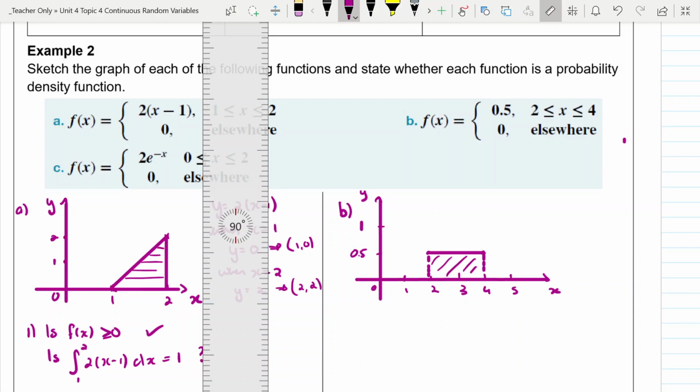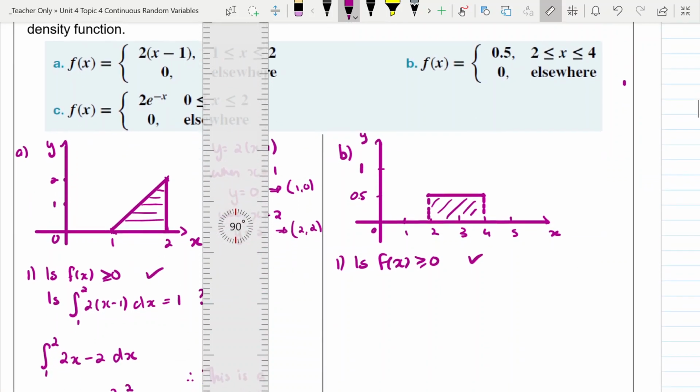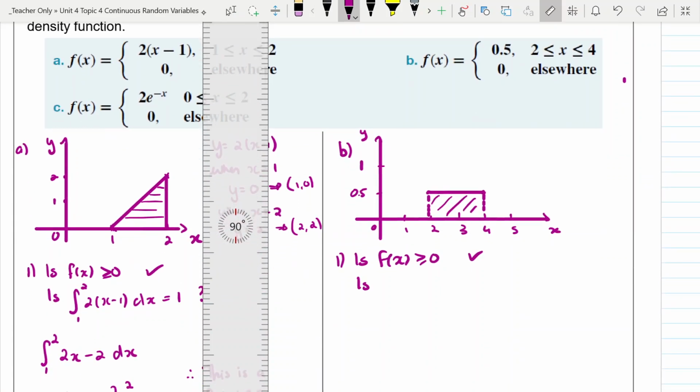We need to decide, is this thing a PDF? So we're asking, is f of x greater than or equal to 0? And yes, it's above the x-axis. It is greater than or equal to 0. And our second question is, is the integral from 2 to 4 of 0.5 dx equal to 1? So let's test and see.